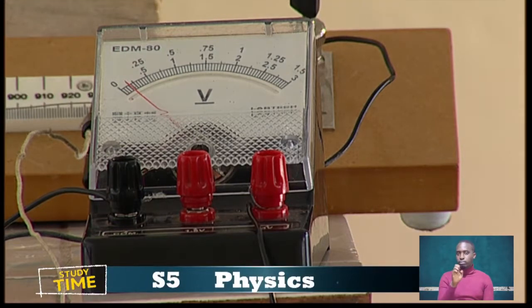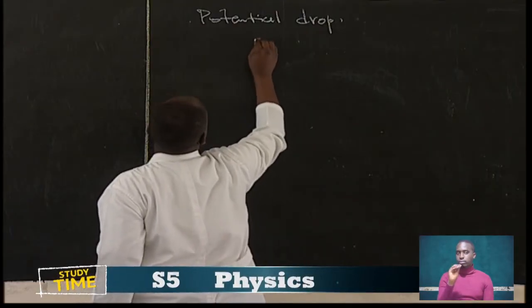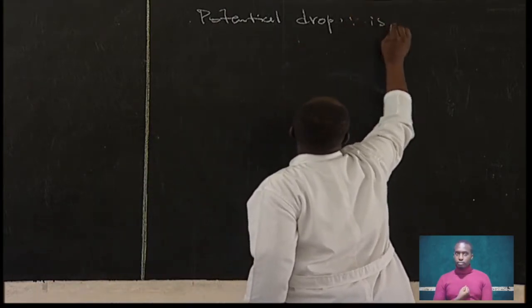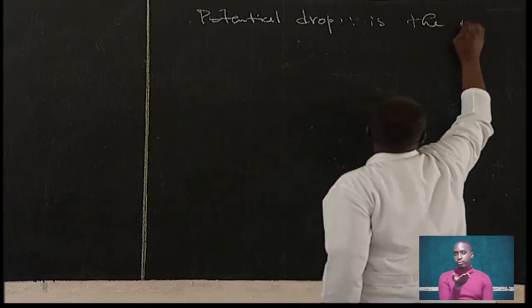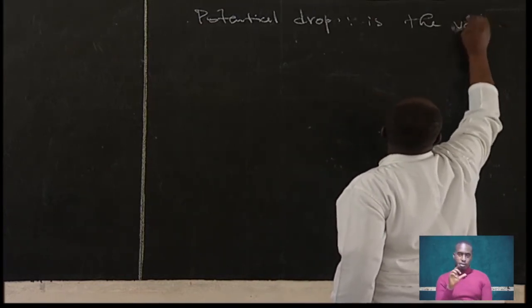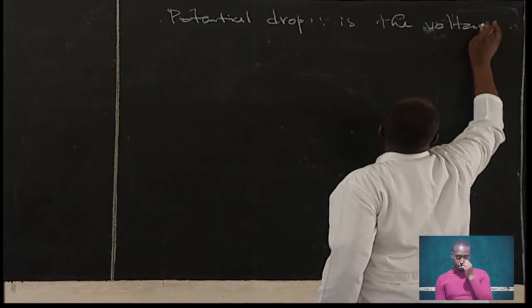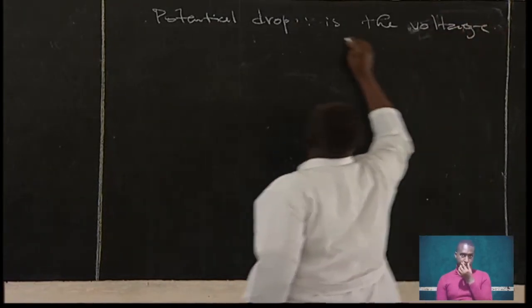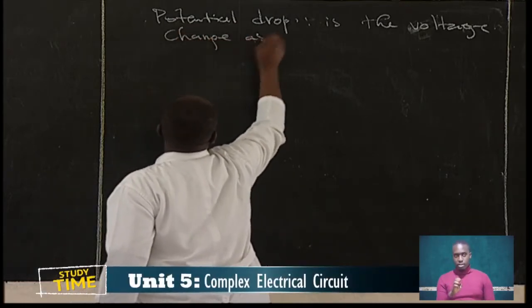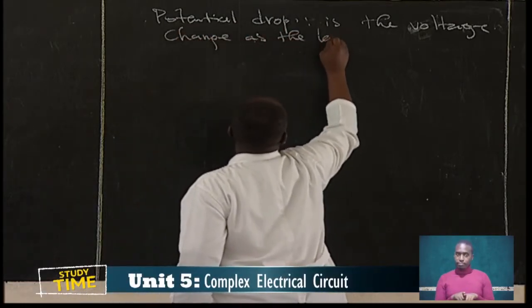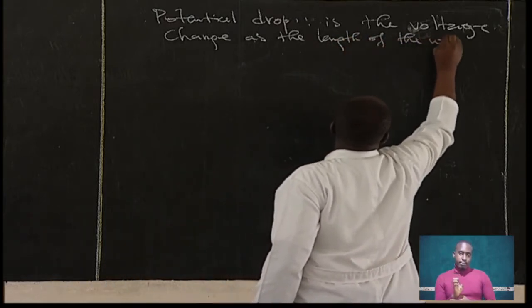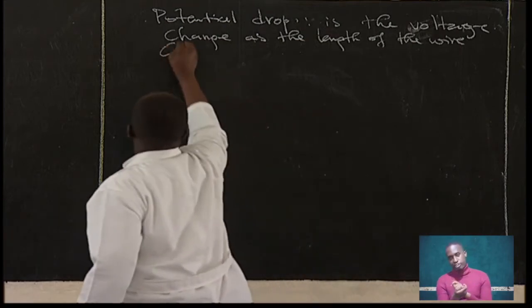So it means that this potential drop is the voltage change as the length of the wire changes.